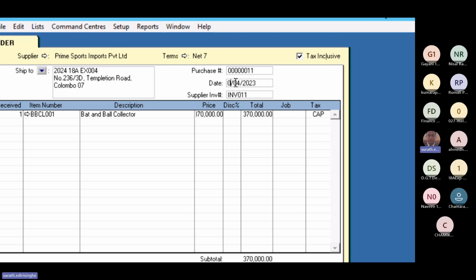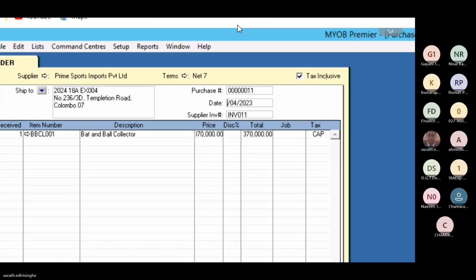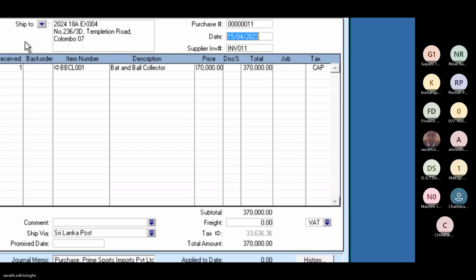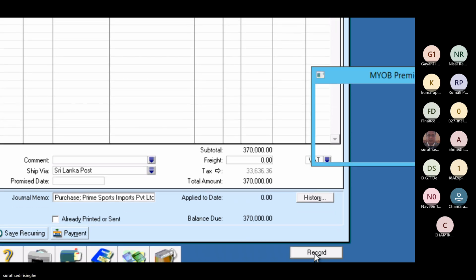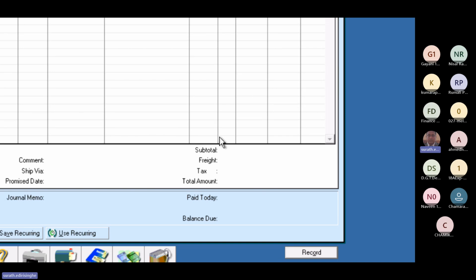Tell me the year and date. No one respond. No. 15th of April. Then click on bill option. No back order. Record. Predated OK. Recording this transaction.